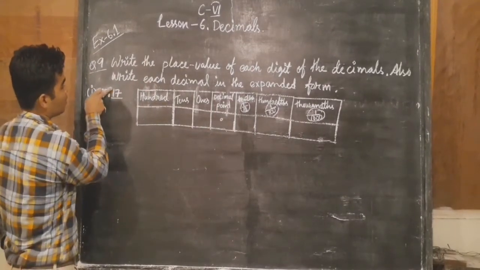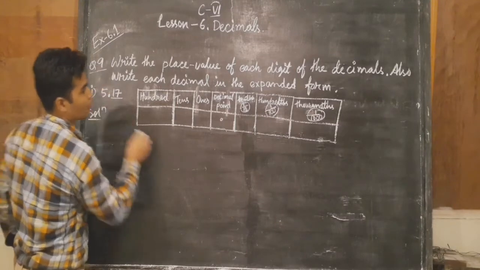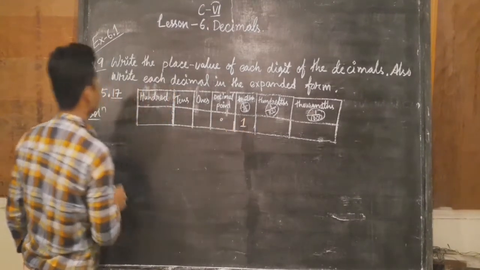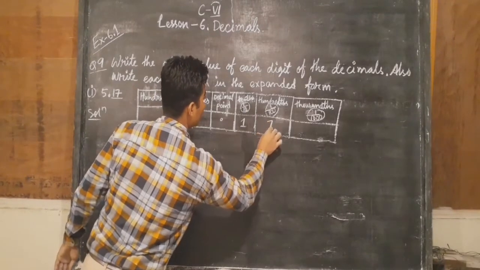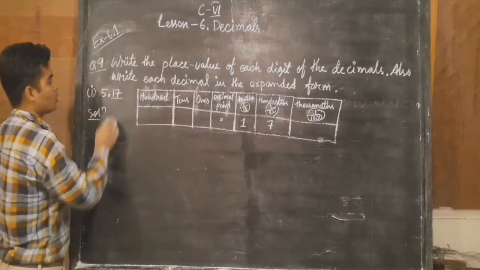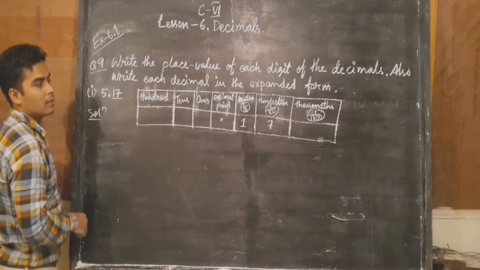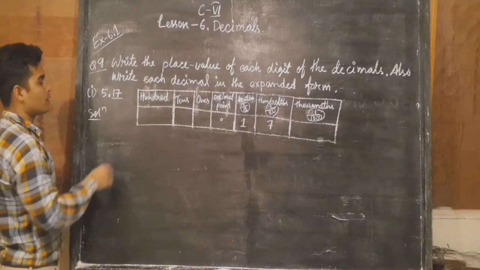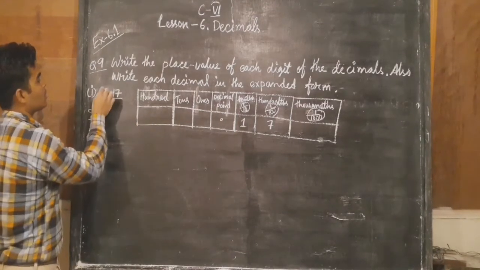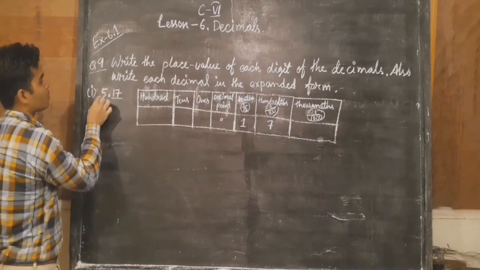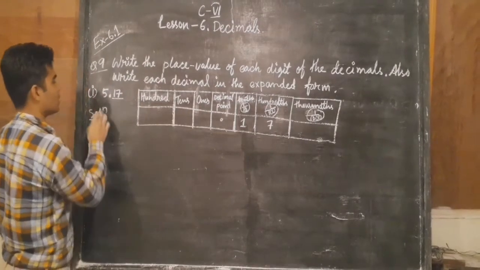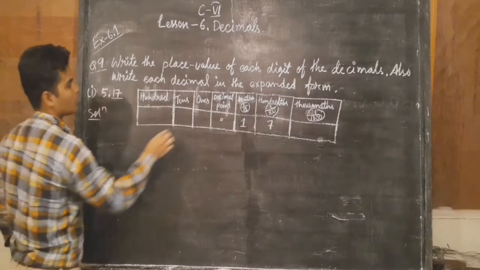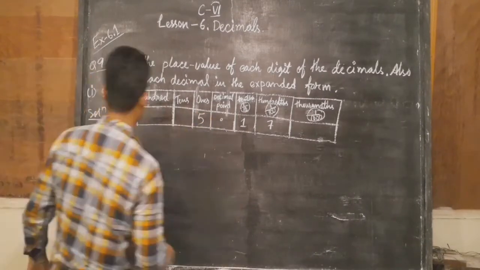So this is the 10th place, and the second digit will be in the 100th place. Now this is a whole number part. This whole number part we count as normal number: ones, tens, 100, 1000, like that. So this has only one digit, so it will be in the ones place.